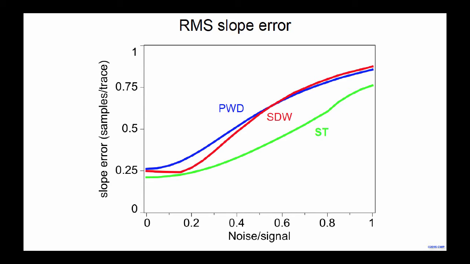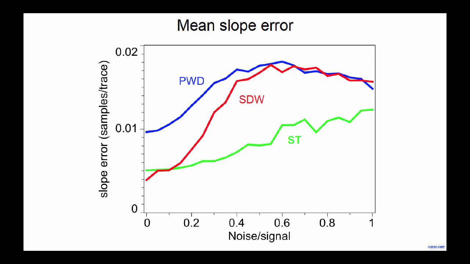What we notice is that the smooth dynamic warping curve lies between the structure tensor curve and the plane wave destructor curve, at least for the lower noise to signal ratios. As we get to the higher noise to signal ratios, the smooth dynamic warping curve tends toward the plane wave destructor curve, and for the highest noise to signal ratio, produces a higher amount of error than the plane wave destructor method.